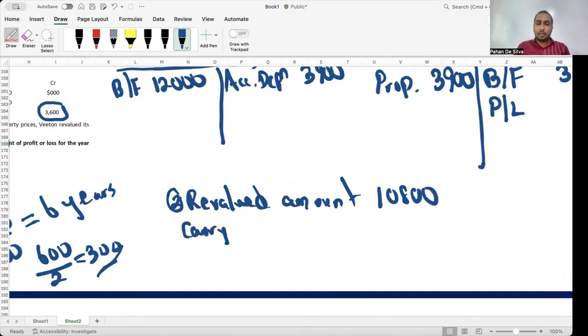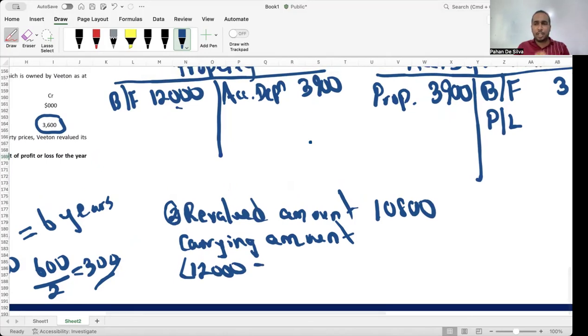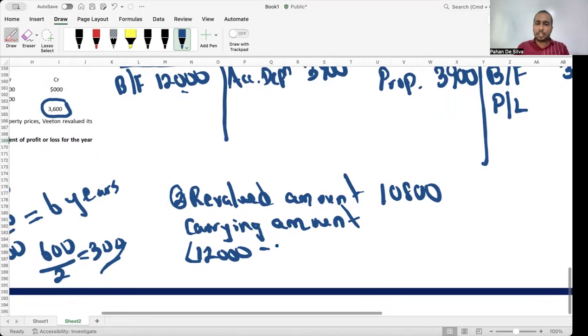From the revalued amount, you have to deduct the carrying amount. So what is the carrying amount? The cost of the property here is 12,000. From the cost, we have to deduct the accumulated depreciation until the date of revaluation, which is 3,900.